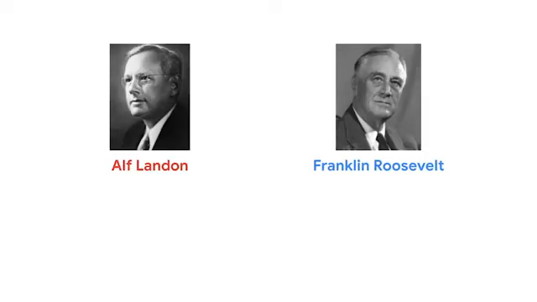To show you what I mean, let me tell you a true story. In the 1936 United States presidential election, Republican Alf Landon challenged the Democratic incumbent, Franklin D. Roosevelt. The Literary Digest, one of the most respected magazines of the era, conducted a poll of 2.4 million people to predict who would win the election.